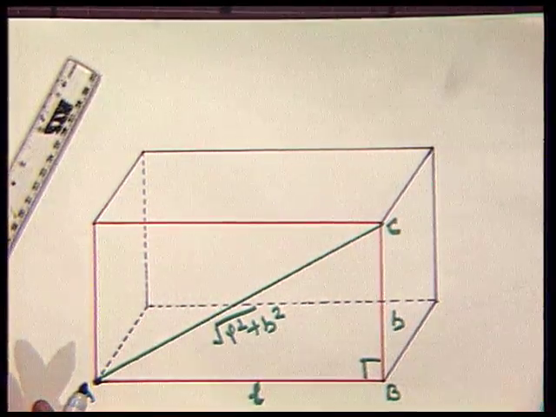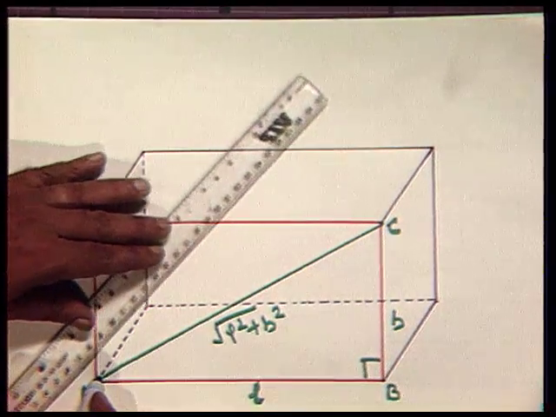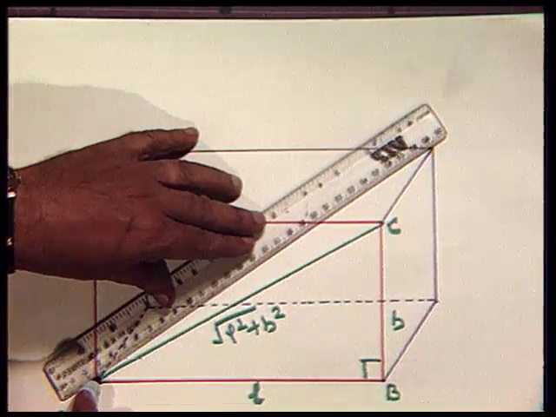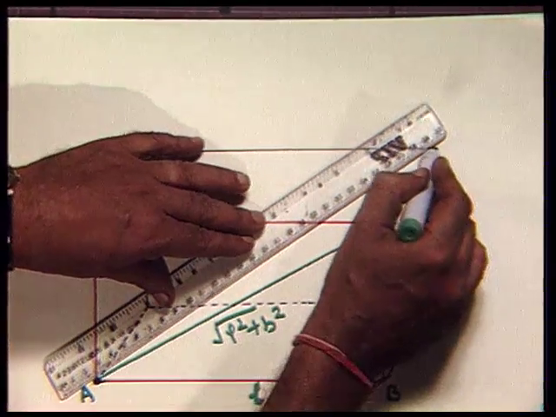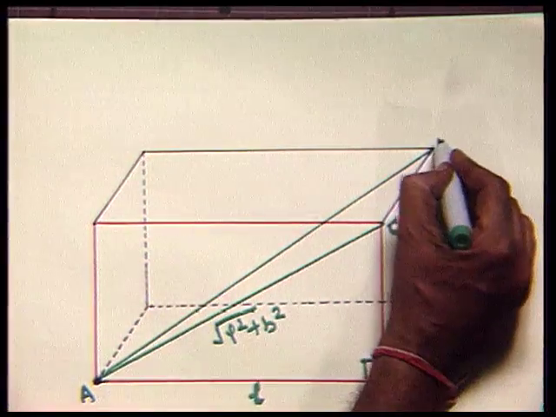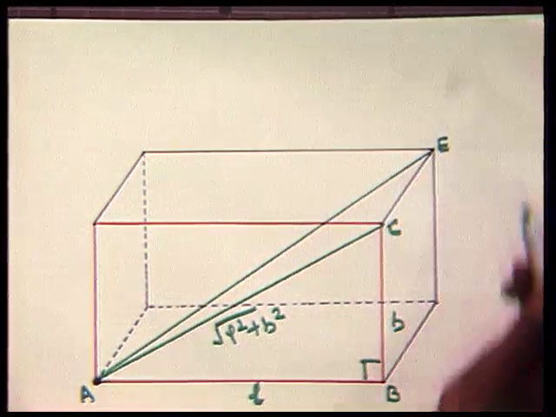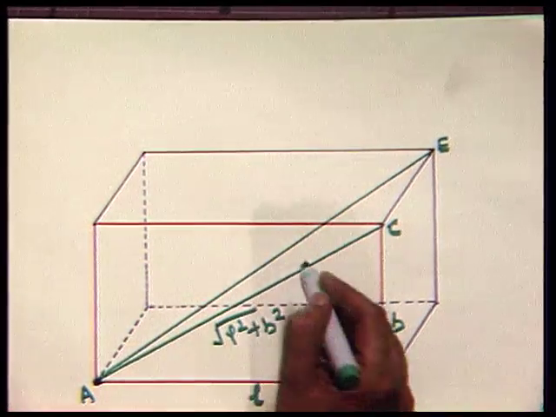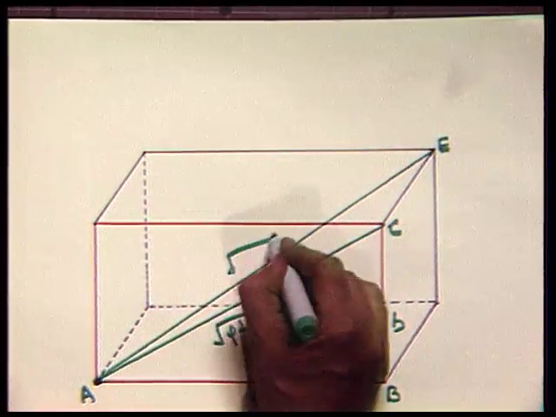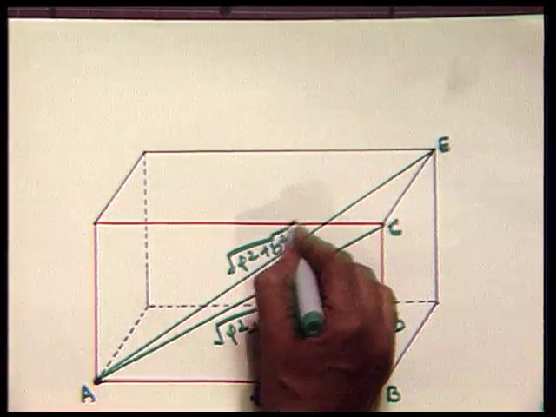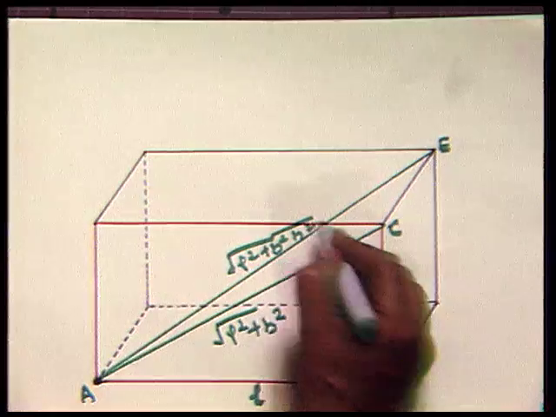And where is the longest rod? The longest rod will be from A to E. And that will come out to be under root L square plus B square and plus H square.